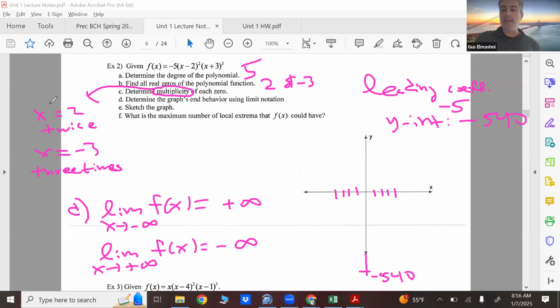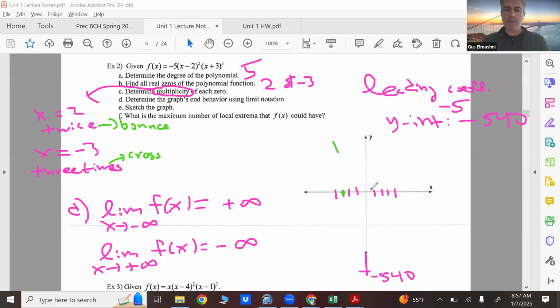By the way, when you have an x-intercept that has an even multiplicity, you know what that does graphically? You said it earlier, Sebastian. Yeah, it bounces. It bounces, right? Okay. And if it's odd, it crosses. Do you guys know why? I'll explain in a moment, if you're not sure why.